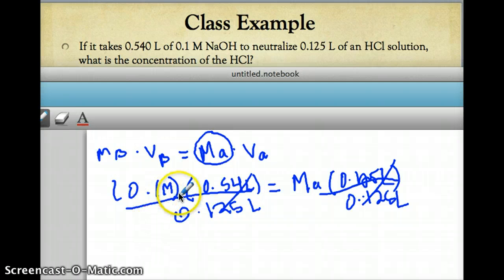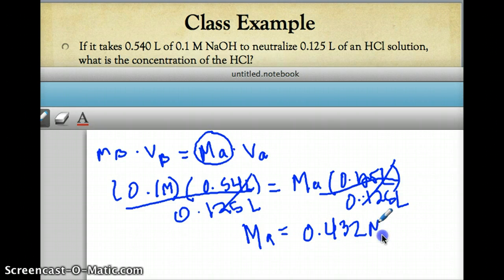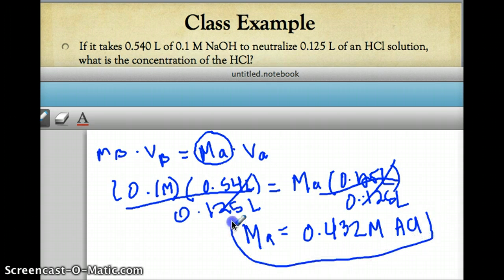Once you solve for this, 0.1 times 0.54 divided by 0.125, the concentration is going to be 0.432 capital M, whatever the acid is, which is HCl. So if you can't read, it's HCl.